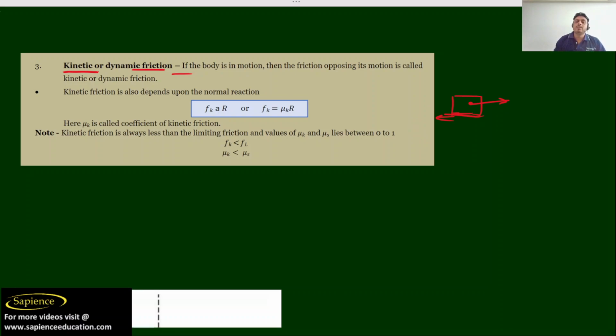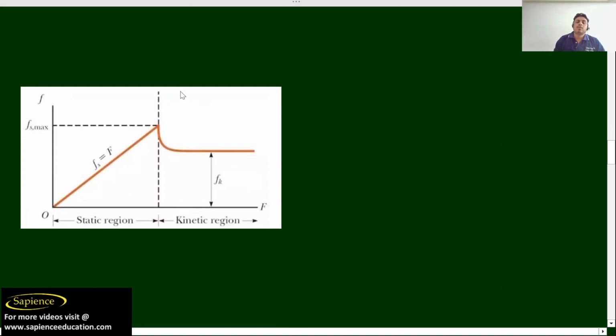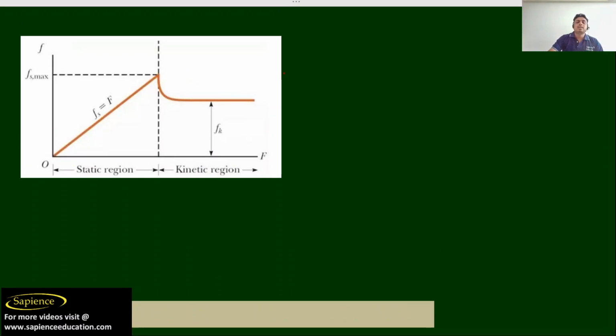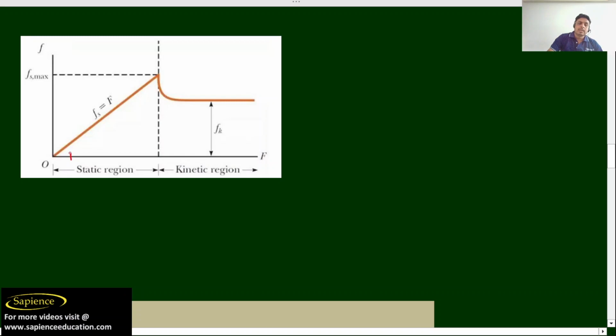Now I will make you understand all three forces with this graph, and you can understand which is the maximum force. See here what happens when I increase the applied force: the frictional force also increases.